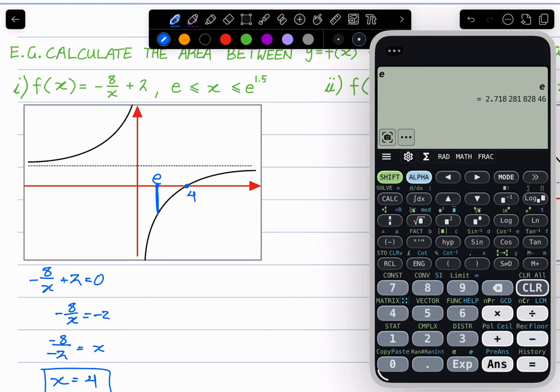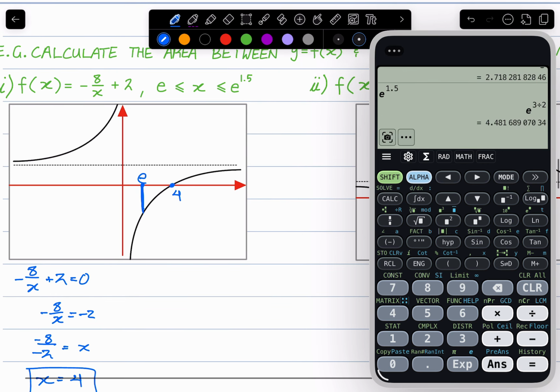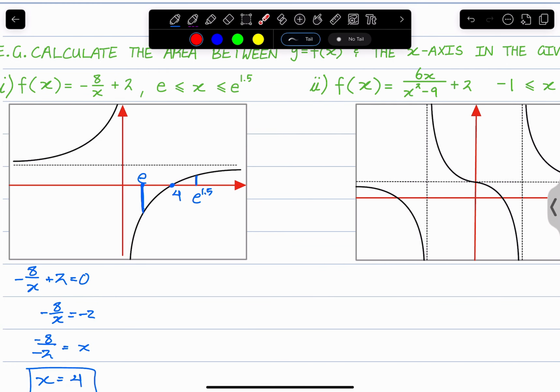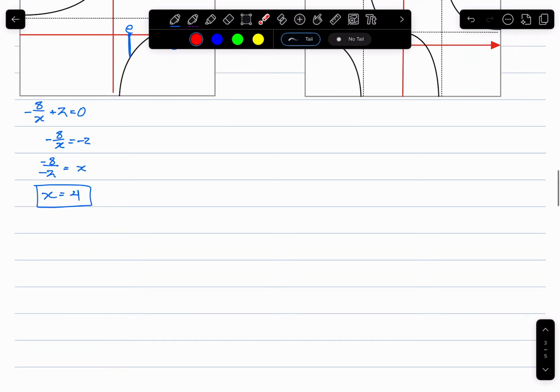Now, e to the power of 1.5 is 4.48. So it's indeed going past 4. Because of that, we need two separate integrations, and we have to account for this negative area to make it positive.